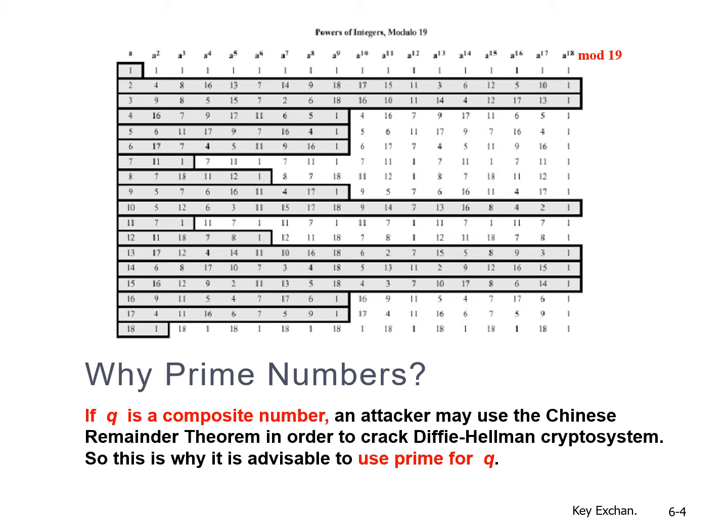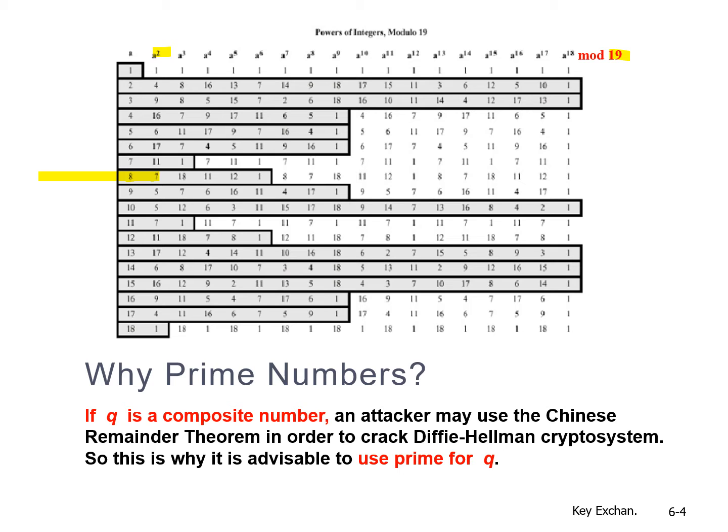Let's see an example with the prime number 19. If alpha is 8, alpha squared mod q results in 7.